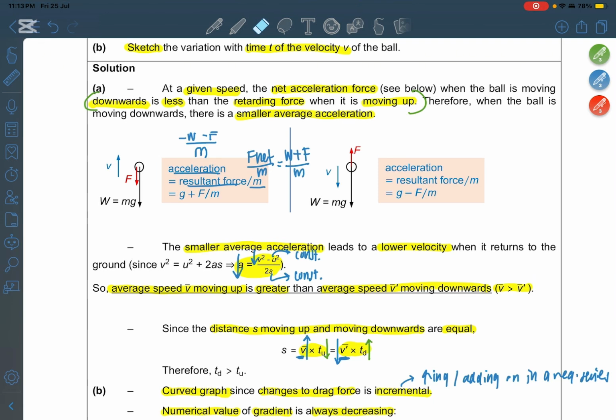And so the resultant downward force is going to be smaller. And that's why resultant downward force decreases with decreasing height as the ball speeds up. It wants to speed up, but then it can't speed up because there's air resistance acting on it, because it's getting bigger.